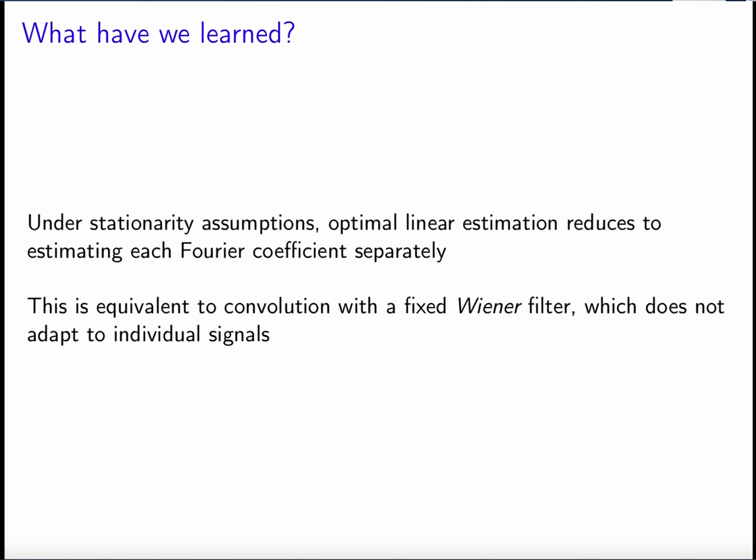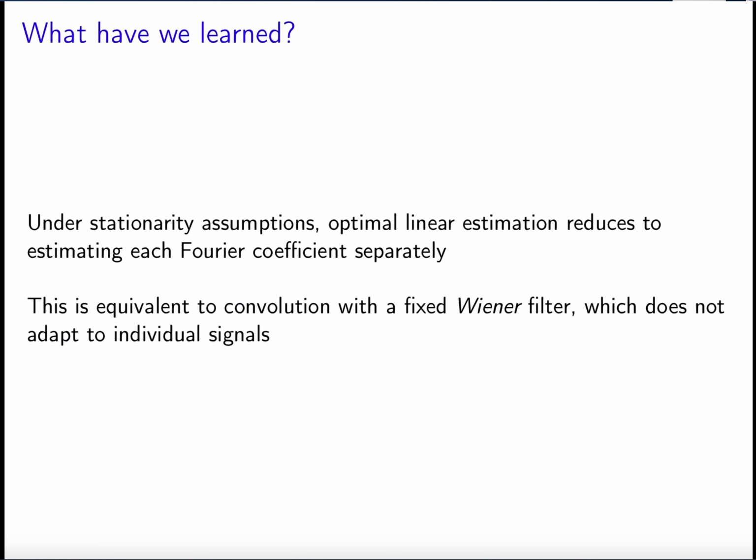And under stationarity, those joint statistics can be estimated from the data because they just depend on the autocovariance and the cross covariance, or equivalently on the covariance and variance of the Fourier coefficients of the signal and the measurements. When we compute this out, essentially we get an estimator that is equivalent to convolving with a fixed Wiener filter. We call it a Wiener filter. It's just a filter that is derived by this Fourier coefficient weighting.